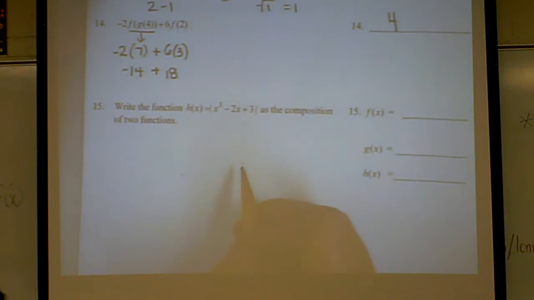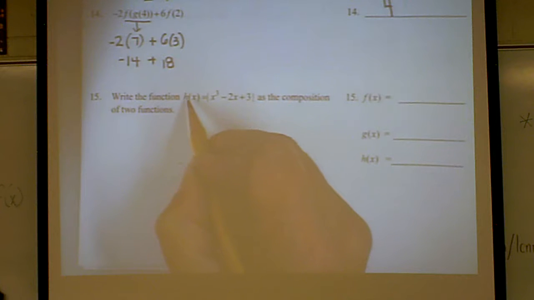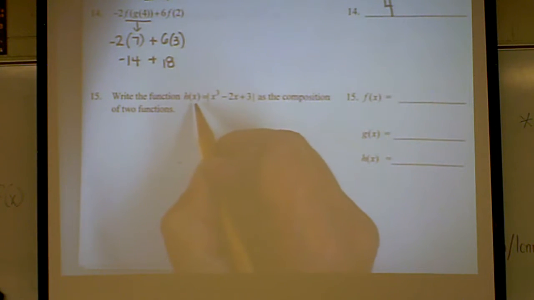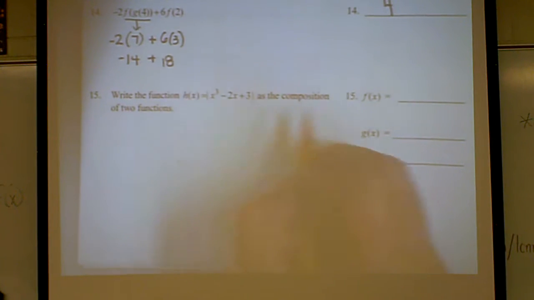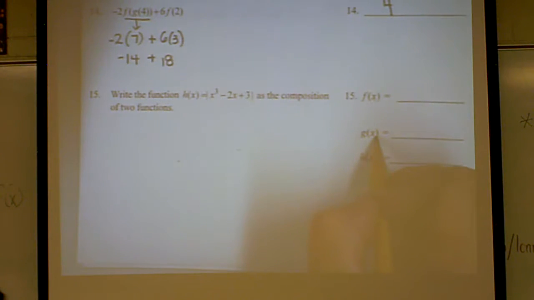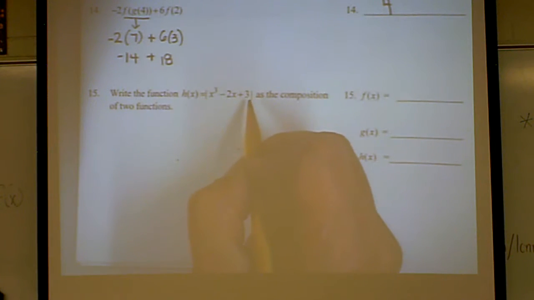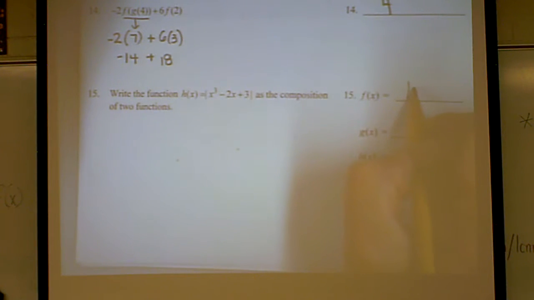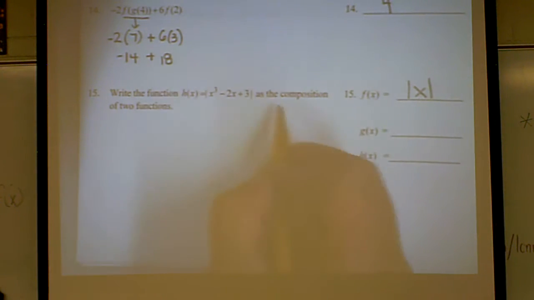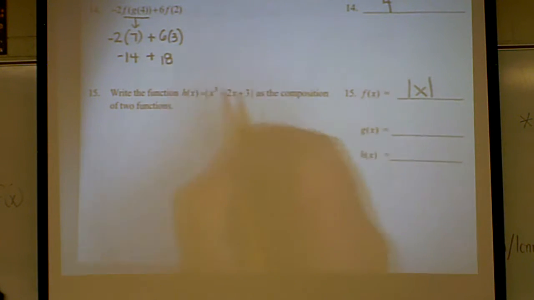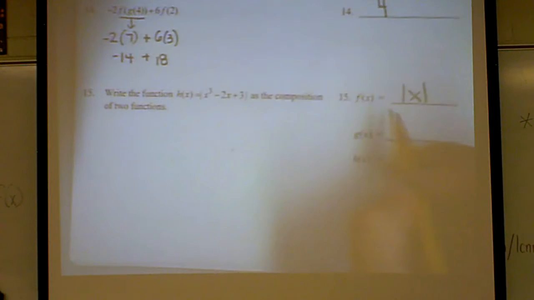Number 15, we are going to take this function. It is called h of x. We are going to split this function into 2 different functions called f and g. So the big picture would be the absolute value of something. So we would call f of x the absolute value of something, x. G of x would be what's inside here.